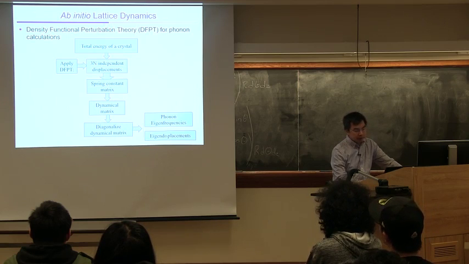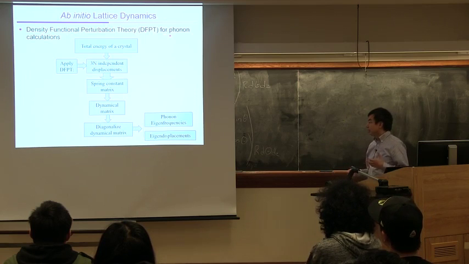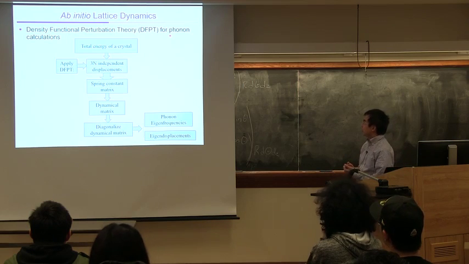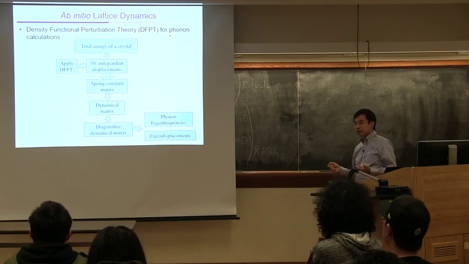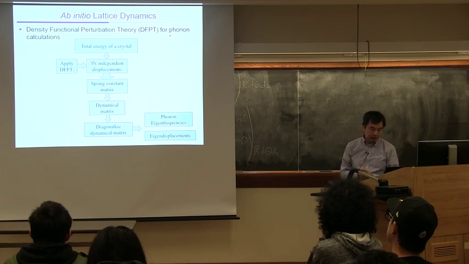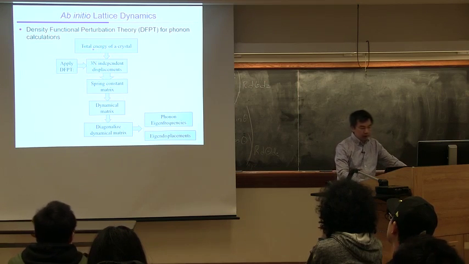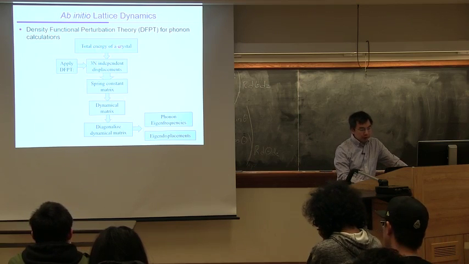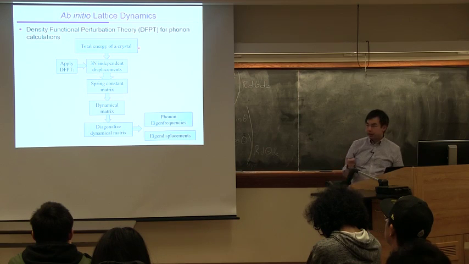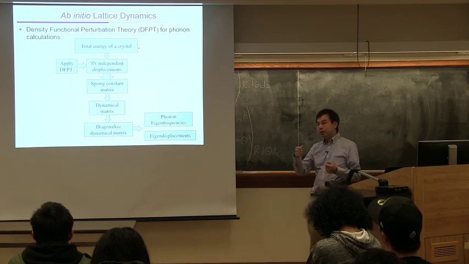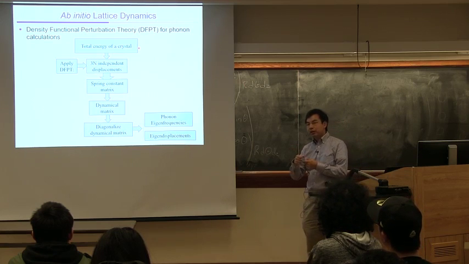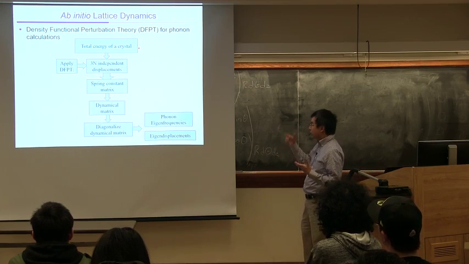Perturbation means that we need to change the system in some way for the calculation. For lattice dynamics, the perturbation is that we displace the atoms in order to get the spring constants. For a certain structure, we can get the total energy of a crystal, but that won't tell us the spring constant. In order to find the spring constant, we have to pull the atoms a little bit and see how much the energy changes. That tells us the spring constant.